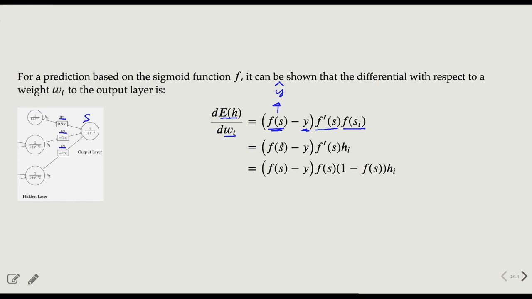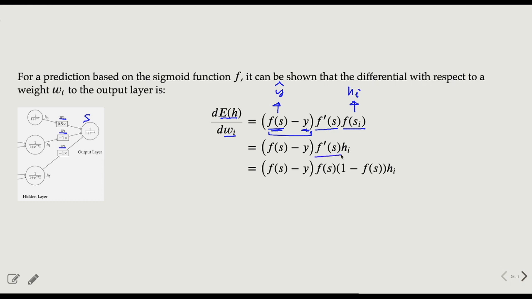Let's look at what these are. This is the difference between the predicted and the actual class. F(Si) is the sigmoid of the weighted sum from the input layer, so F(Si) is actually Hi, the output from each hidden node.